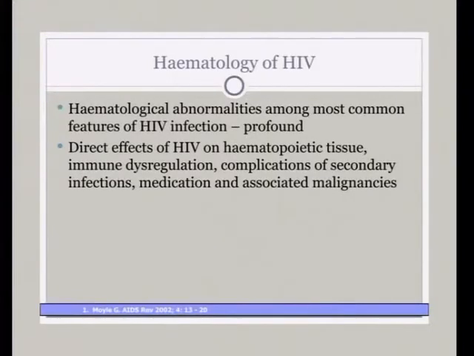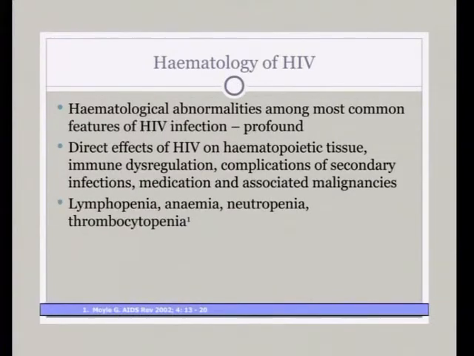What happens is that we have a direct effect of HIV on the hematopoietic tissue, which also causes immune dysregulation, of course. Then there are the complications of secondary infections, of the drugs that we use to treat HIV and to treat those opportunistic infections, and then the associated malignancies.